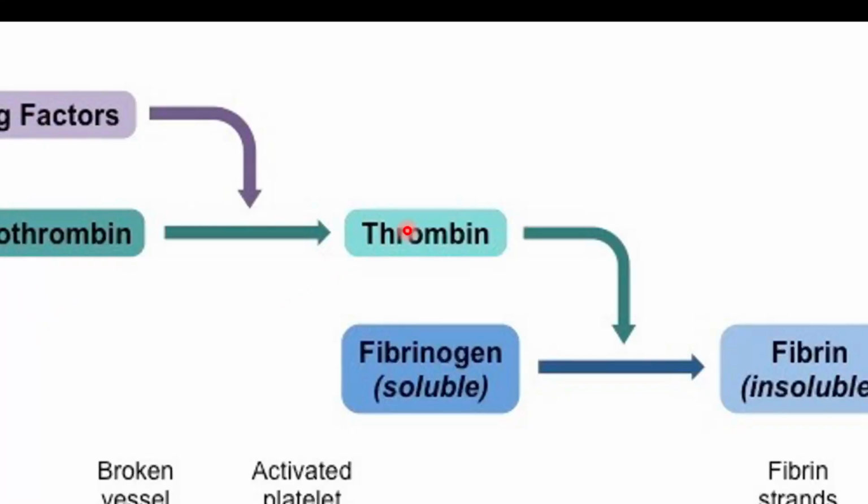Now, once thrombin is activated, thrombin acts as the cleavage enzyme and cleaves fibrinogen, which is a soluble form, and turns it into insoluble fibrin. Now, many such fibrin monomers polymerize at the clot site.